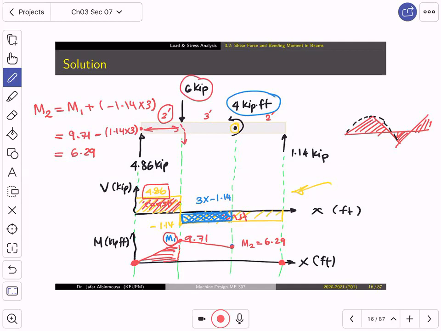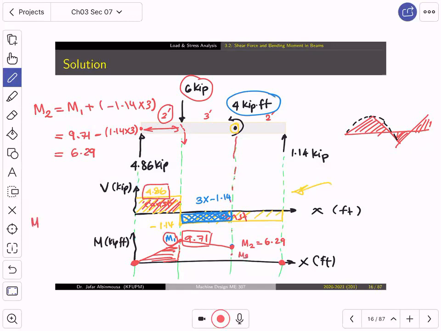Okay? And then we subtracted a little bit of it. It went from 9.7 to 6.29, but it is still clockwise. Then what did we do? On the same line, I have another point here which is M3.